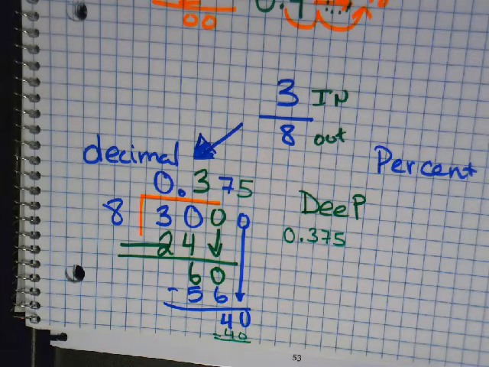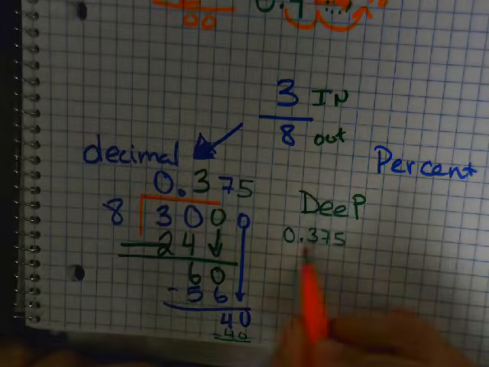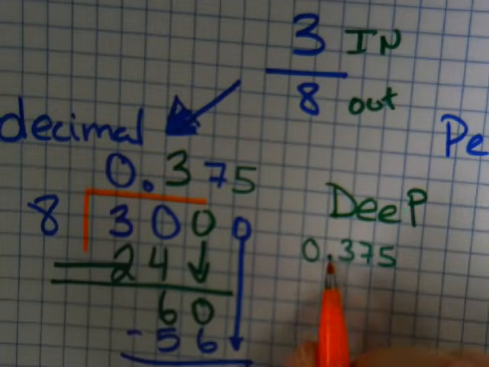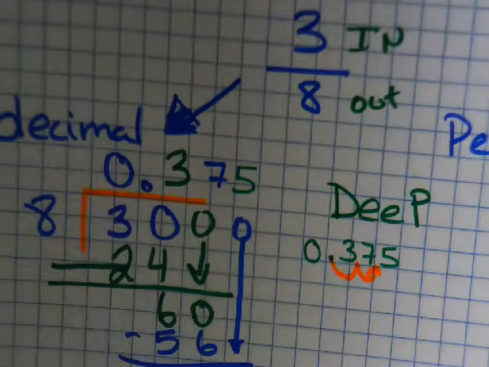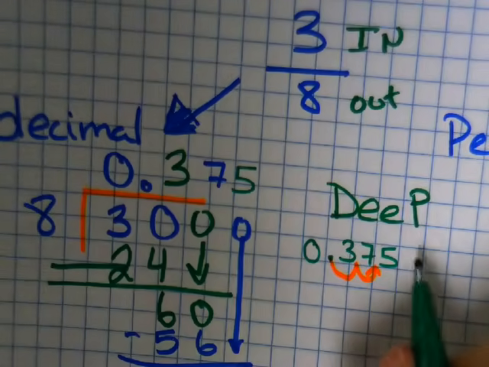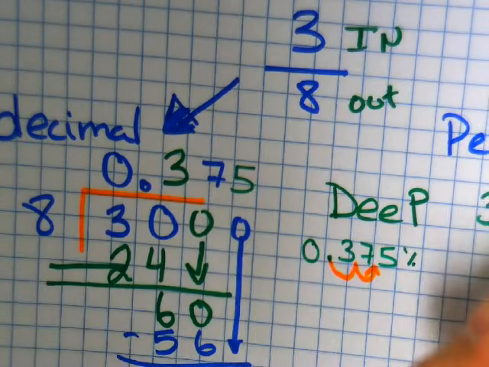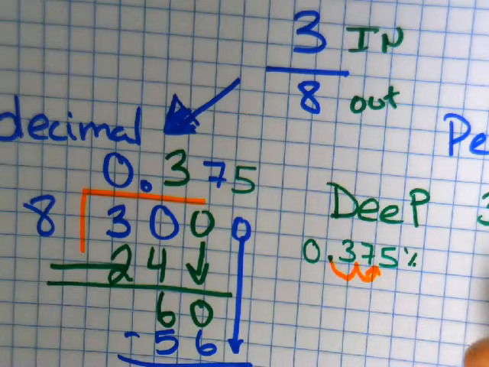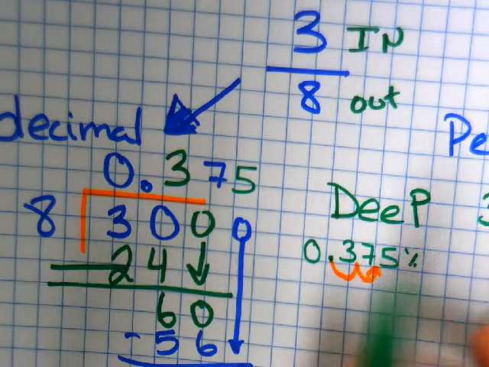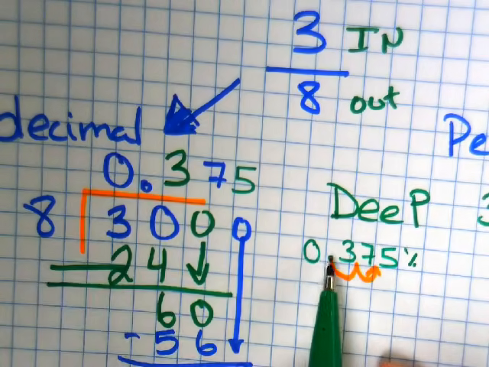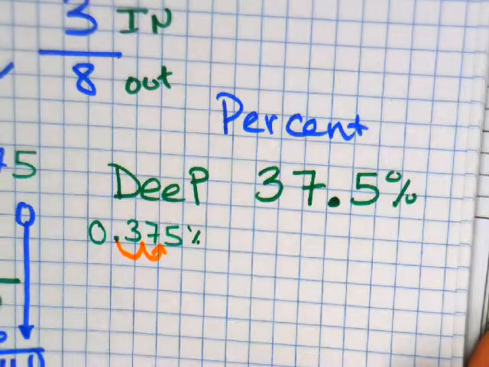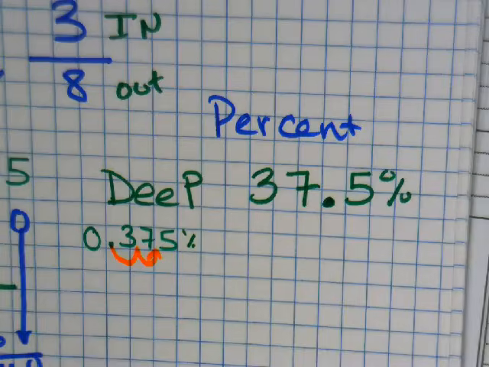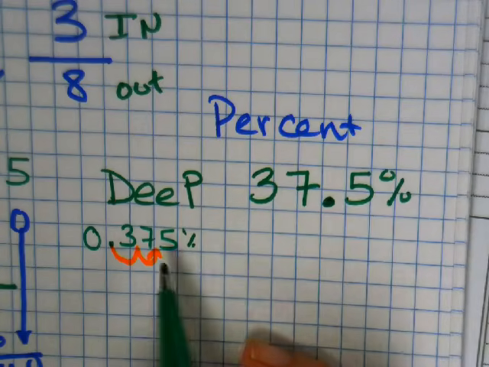So I'm going to move it 2 to the right, and do this with your pencil. Show us that you're moving it twice. 1 and a 2. So what is my percent then? 37.5%. I moved it twice, so my decimal went from here to here, and now it's 37.5%.